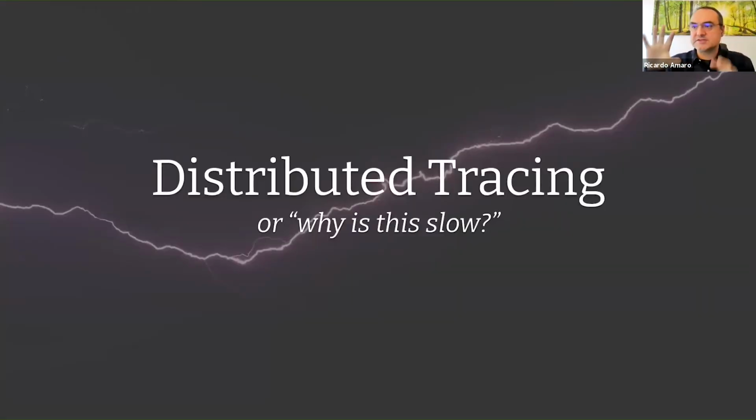Distributed tracing is getting a lot of mindshare lately, and is now becoming a new foundation of DevOps. Unlike traditional application performance monitoring, distributed tracing is intended to address the observability challenges and use cases in the new microservices world. And yeah, the big question is, why is it slow?